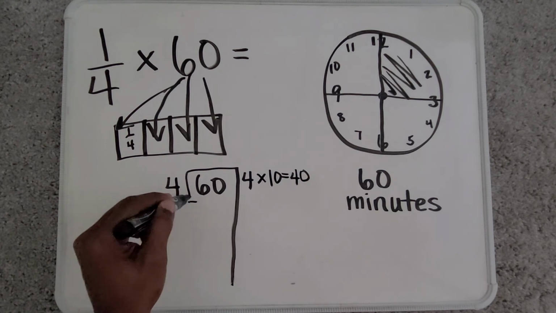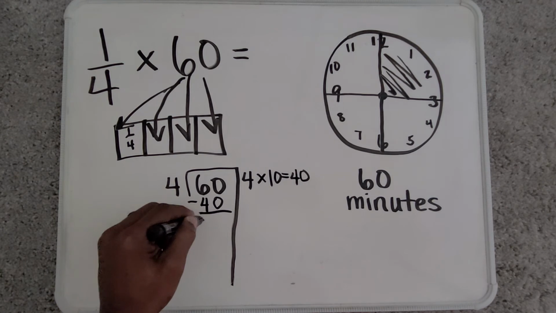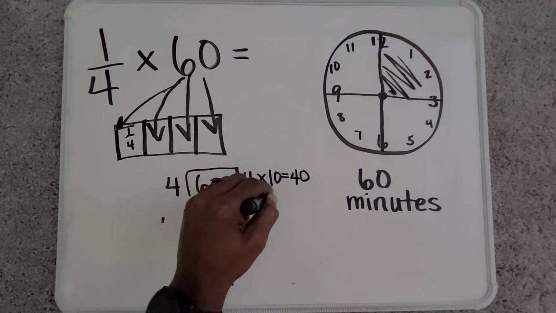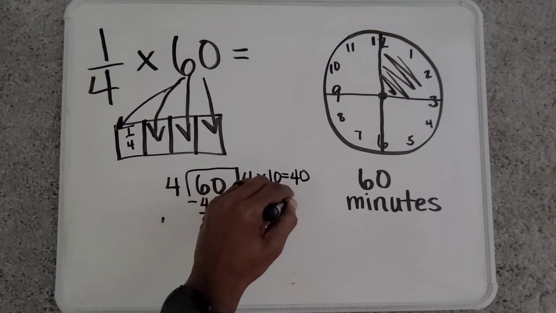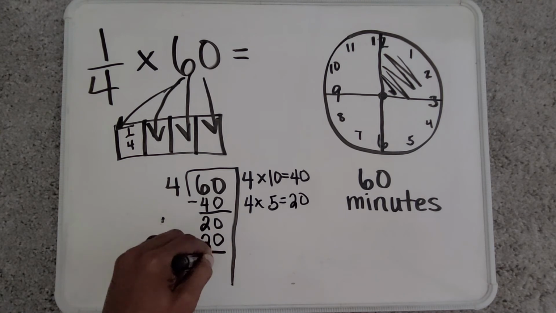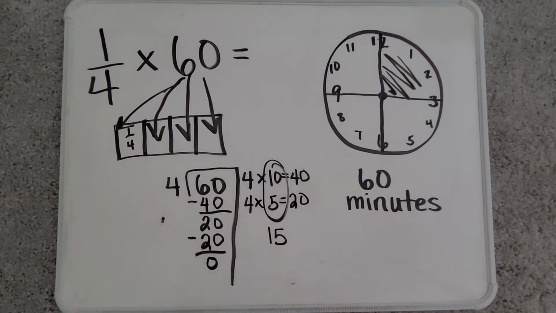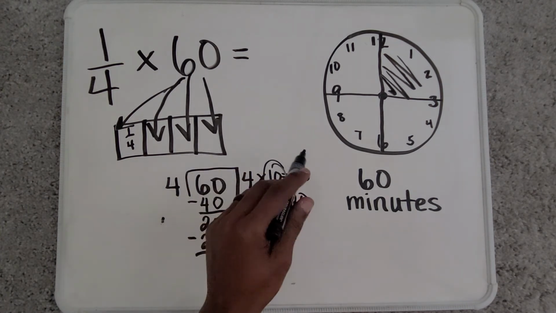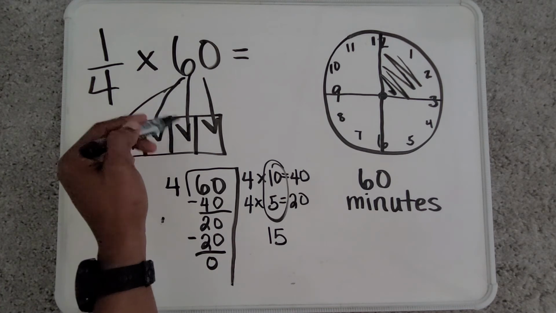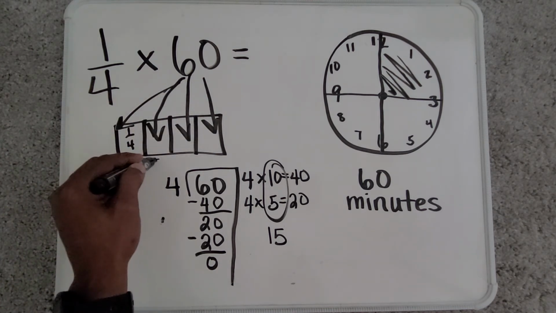I'm going to subtract that away. Gives me 20 left. I know 4 times 5 gives me 20. Subtract 20 away. 0 left. I look for my partial quotients, which is 15. So if I take 60 and divide it into those 4 groups, that would give me 15 minutes in each group.